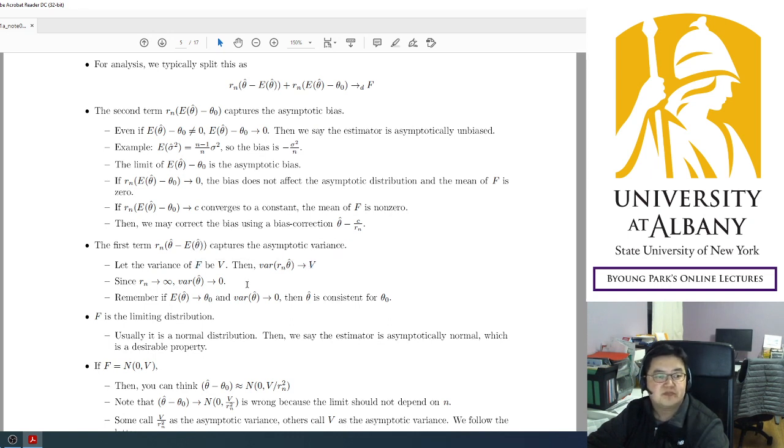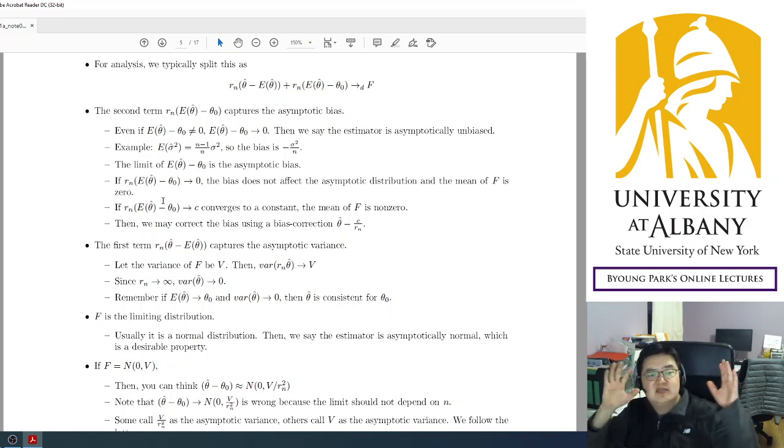And because Rn converges to infinity, the variance of theta hat will be converging to zero. And remember, we come back to this point: because the variance goes to zero, theta hat is consistent. So that's where we started from.